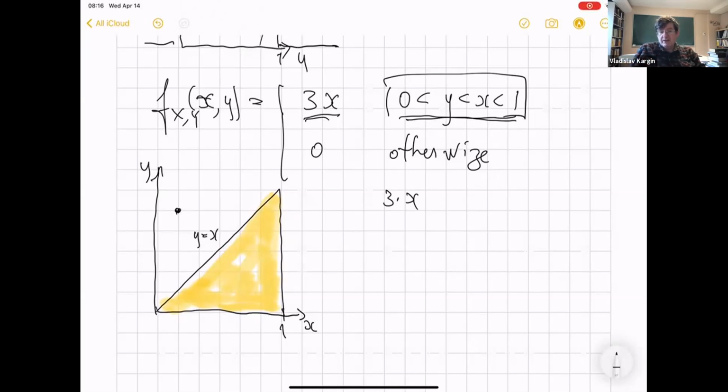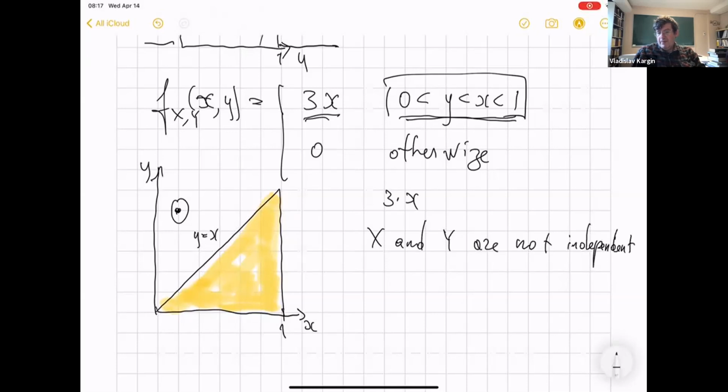It's equal to 0. So it's not possible to write the joint density as a product of two functions, one of them a function of y, and another a function of x. And so in this case, these two random variables x and y are not independent.